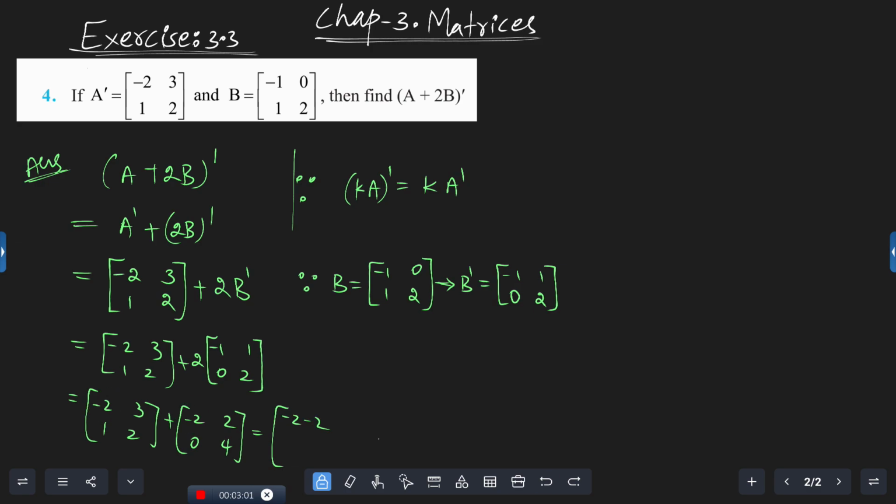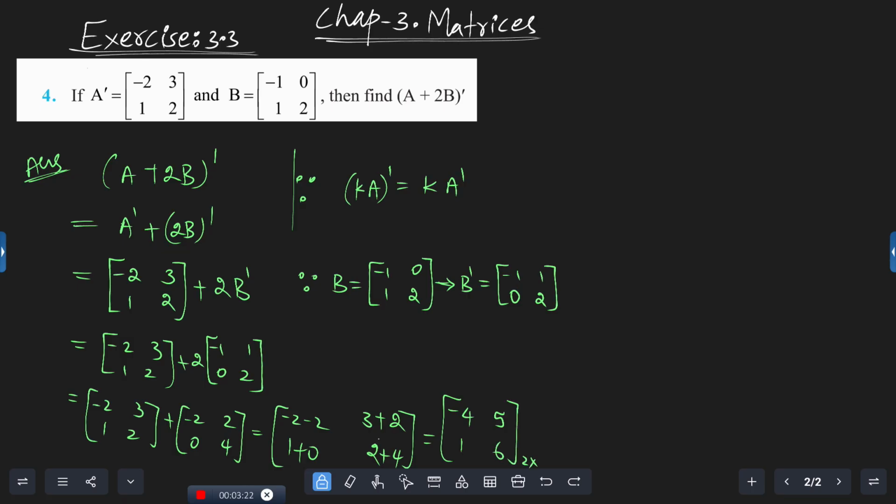Next, 3 and 2; 1 plus 0; 2 plus 4. When you add this, you will be getting the final answer: minus 4, 1, 5, 6.